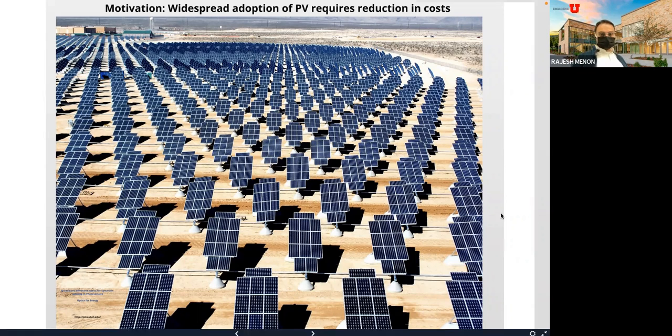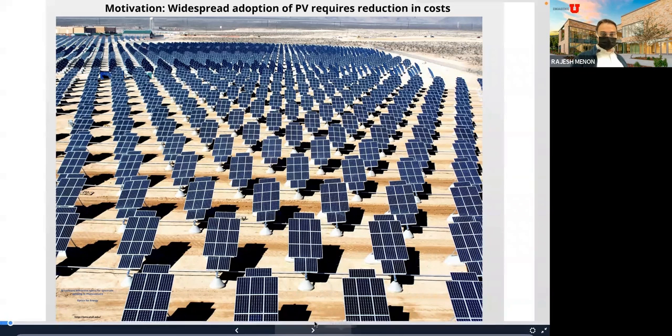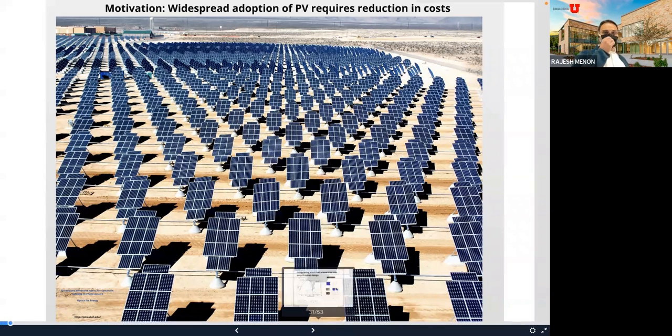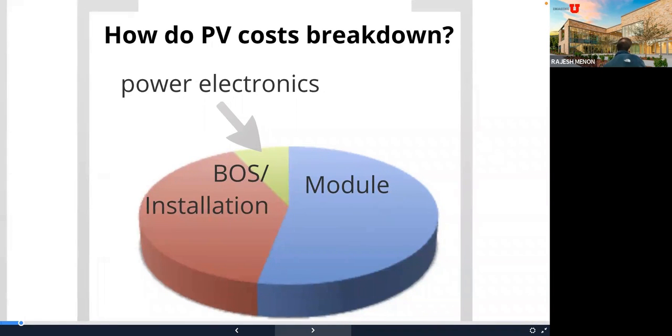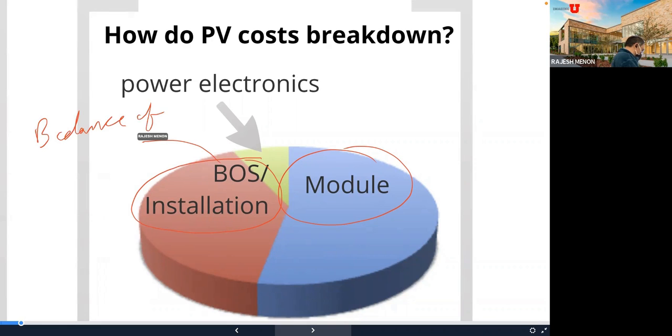But I want to talk about something slightly different here. If you look at how the PV costs break down, approximately half is the module, which you can see here. Half of it is in the installation cost, what's called the balance of systems and installation. BOS, of course, stands for balance of systems, as some of you know.